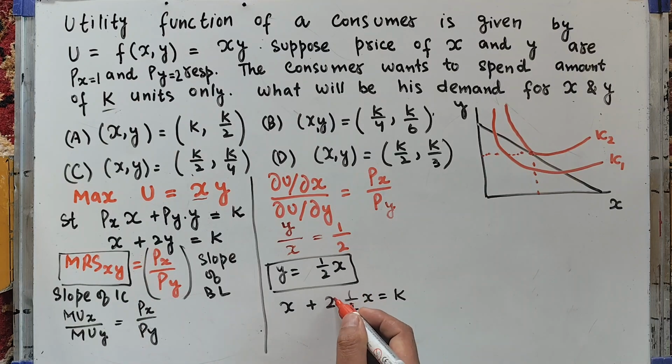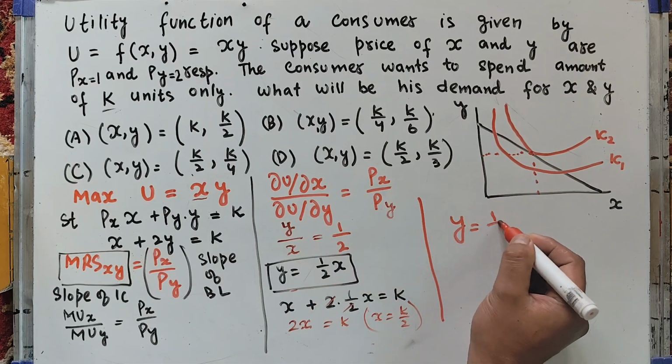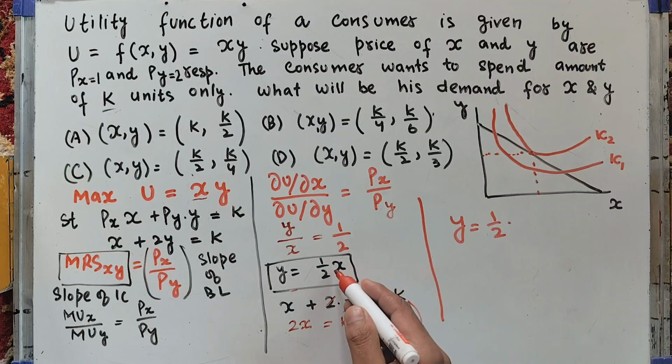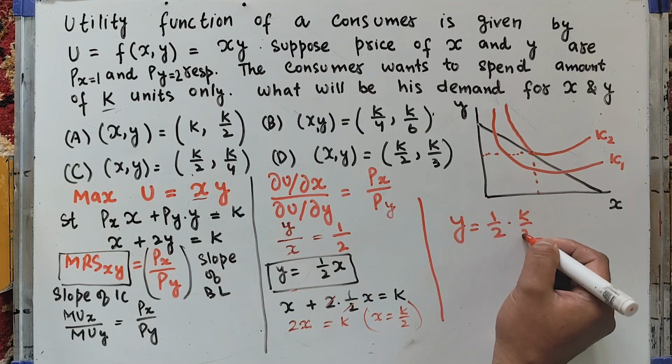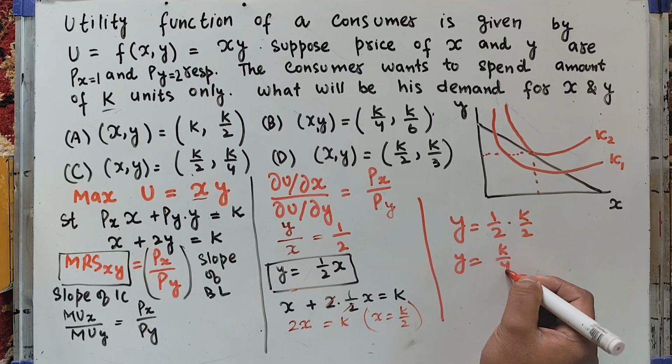So the 2 gets cancelled, and we get 2x equal to k, or x equal to k/2, dividing both sides by 2. Now what about y? Plug x equal to k/2 into this equation, so y will be equal to 1/2 times k/2, so y will be equal to k/4.